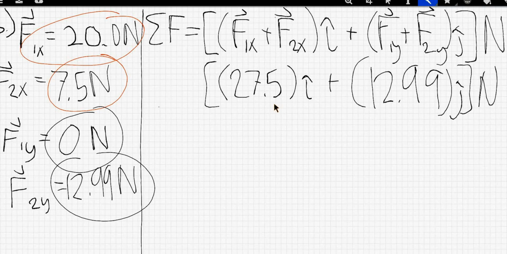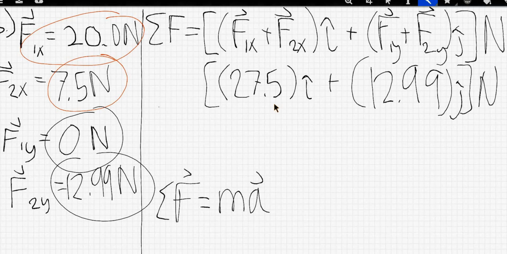So now, since the sum of the forces is equal to ma, to find acceleration in each direction, we divide both of these values by the mass, which is 5 kilograms.